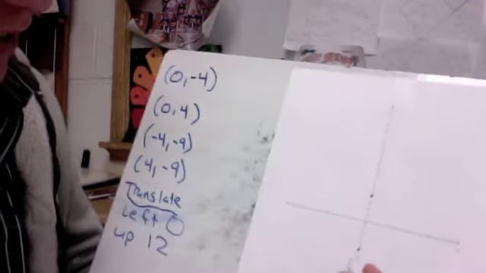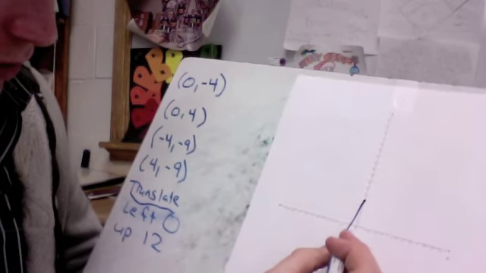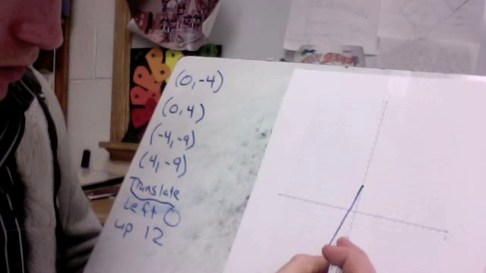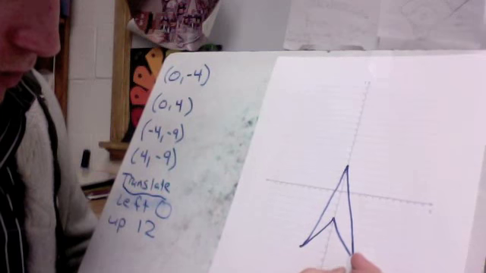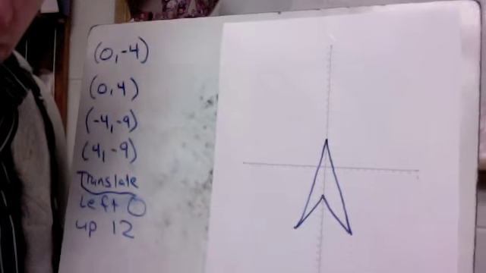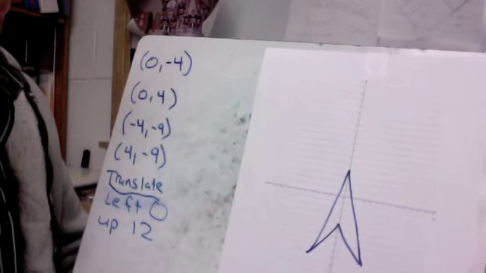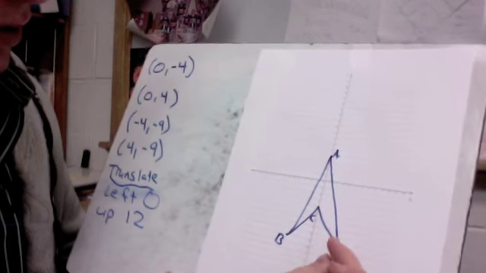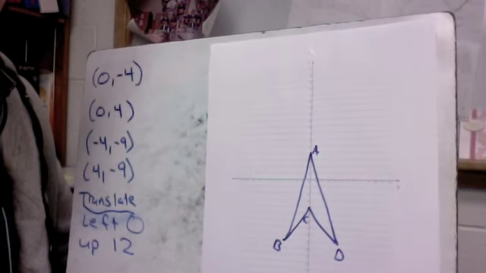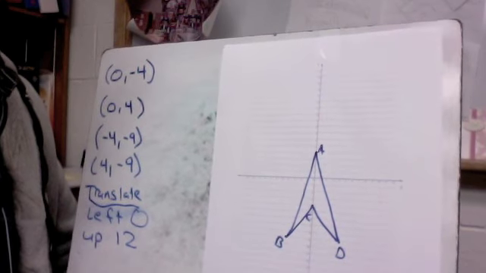If I connect these together, I don't know what you want to call that, but it's a quadrilateral anyways because it's got 4 sides. And I'll just put A, B, C, D. Kind of like a spaceship or something.